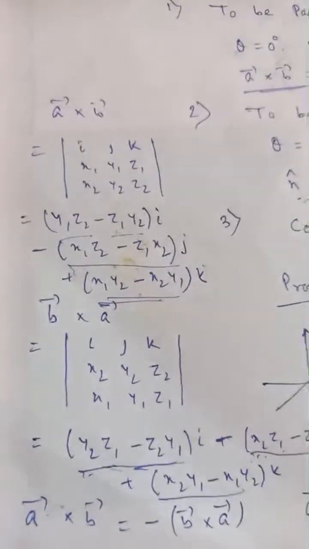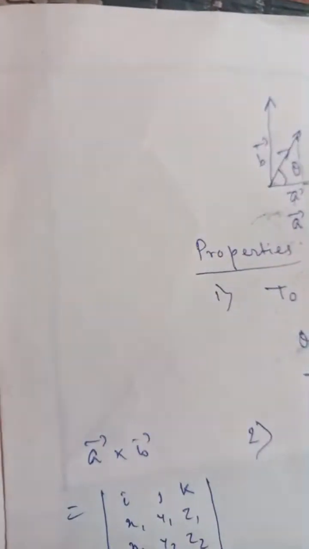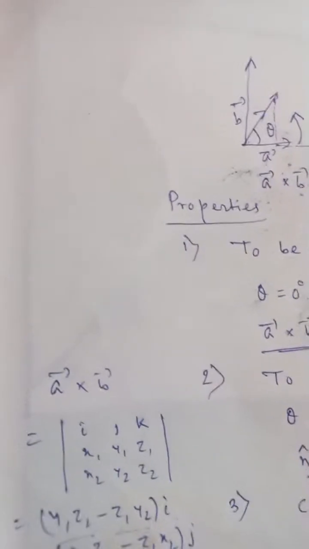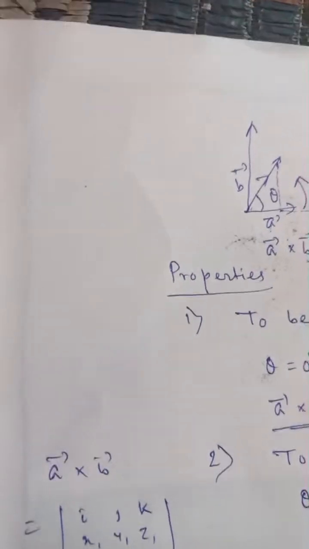The distributive law holds for the scalar product, and for the vector product the distributive law also holds. So the distributive law holds for both the scalar product and the vector product. How can we show that?